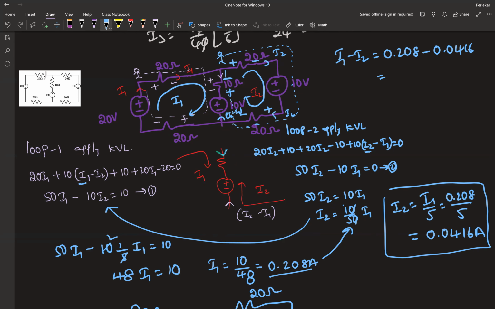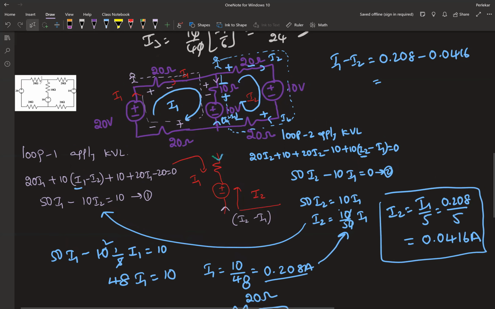Can you guys give me that number? Anyone? I believe it's 0.166. 0.166 ampere. Okay, that is the current.